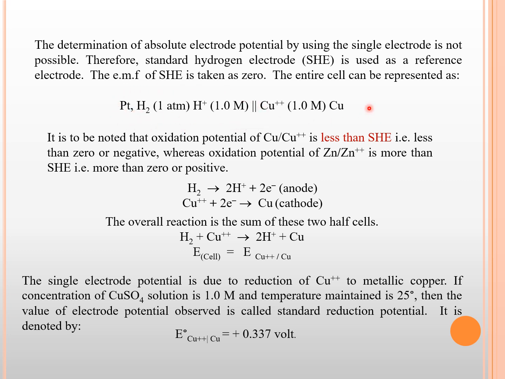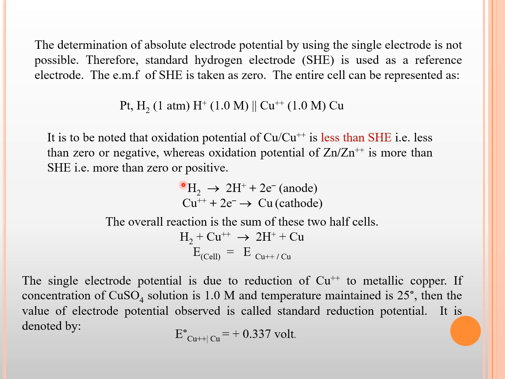The right hand side represents the copper electrode, that is copper in contact with copper dipositive ions maintained at 1.0 molar concentration. It is to be noted that the oxidation potential of copper is less than the standard hydrogen electrode, that is less than 0 or negative, whereas the oxidation potential of zinc in equilibrium with Zn2+ ion is more than the standard hydrogen electrode, that is more than 0 or positive.